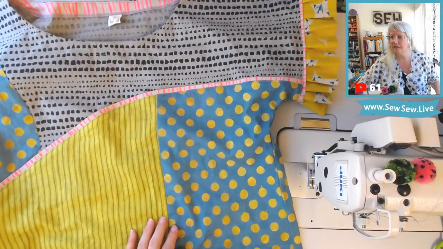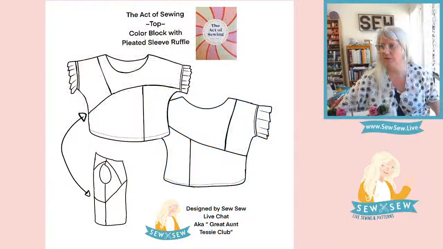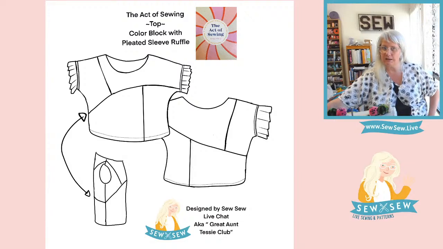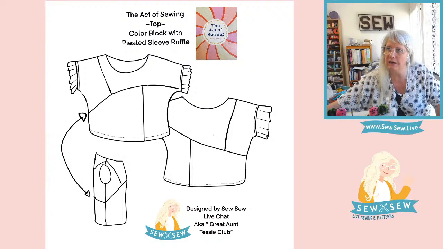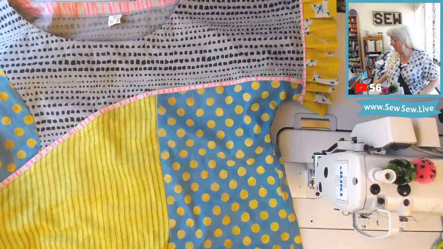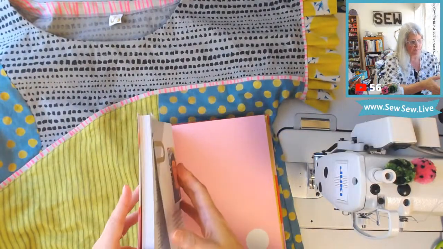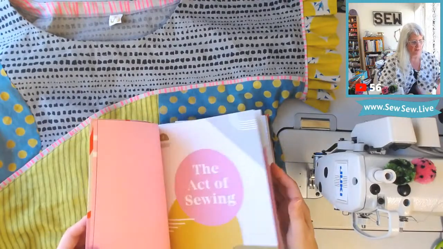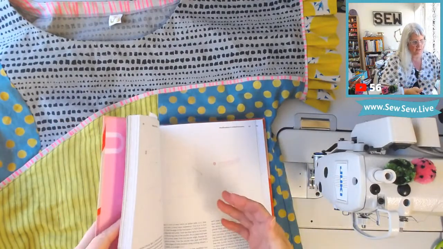This is the top we designed using the top design from her book. We added all the color blocking, the pleated sleeve ruffle, and the piping. And then here's the book. And then the top pattern, so the 4 patterns you get in the book, I think they come in a lot of sizes.